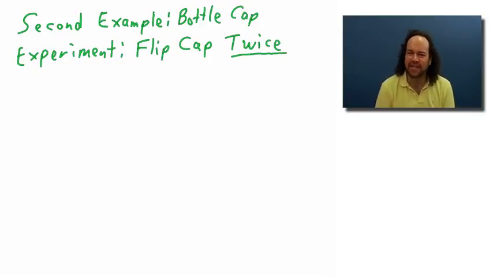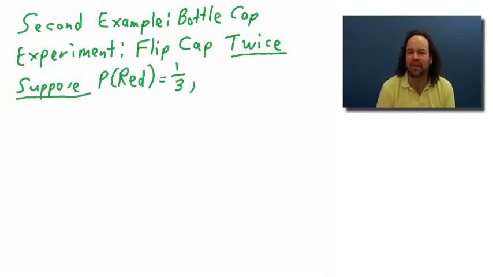And for now, let's just suppose that we knew that each time the probability of the bottle cap coming up red was equal to a third. Of course, we don't know that, so we'll come back to this. But let's pretend that we knew the probability of red was a third, and therefore the probability of silver was equal to 2/3.